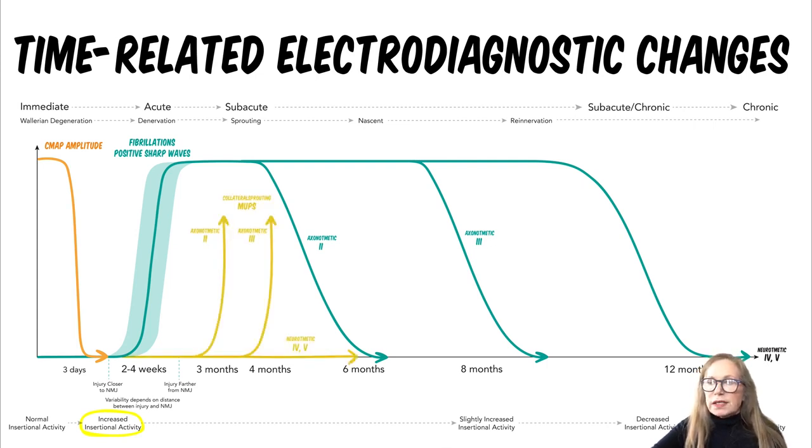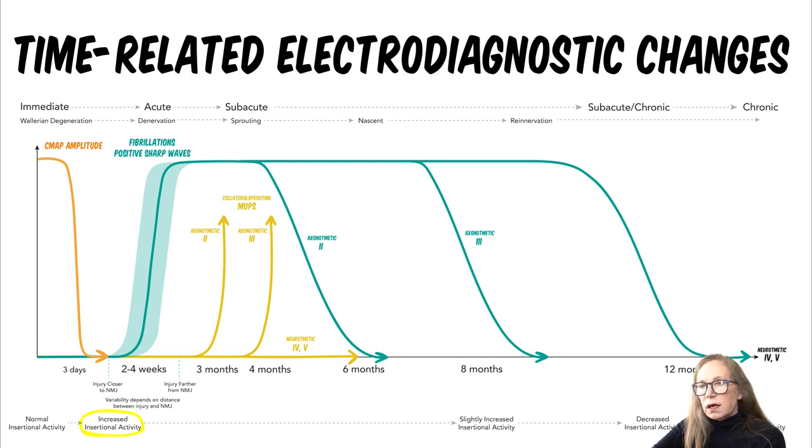At 3 months, you'll see that collateral sprouting, and if you see it at 3 months, even a single MUP, it'll predict, in my experience, very good recovery. Axonotmetic recovery doesn't really need surgery. By contrast, if you don't see the MUPs till 4, then you know you're getting into a more severe axonotmetic injury where you have fewer reinnervating units, and you may be on that edge of that cliff with just that variable recovery.